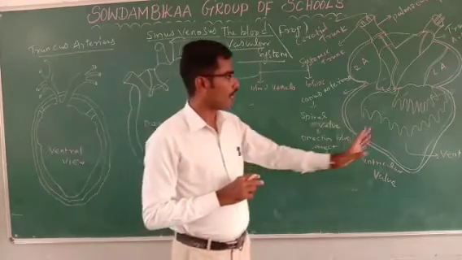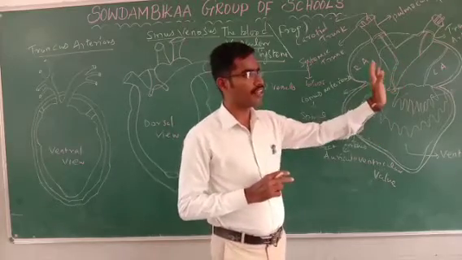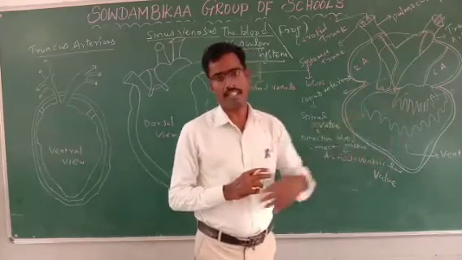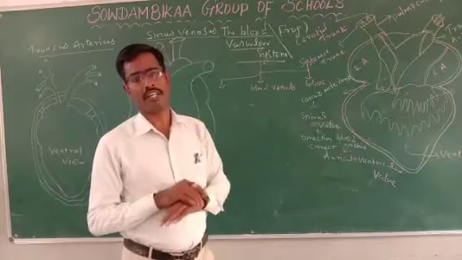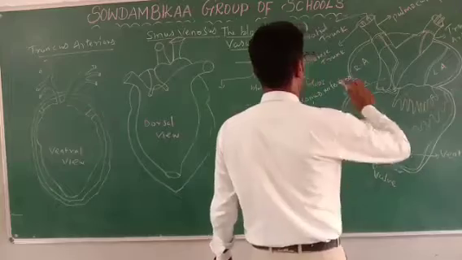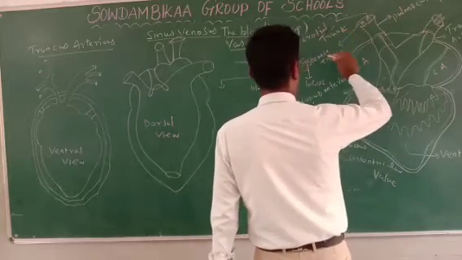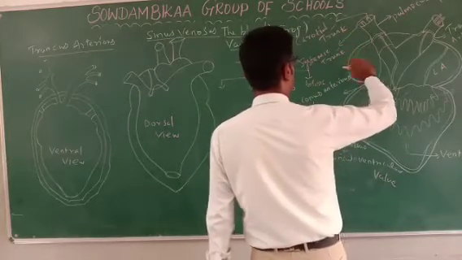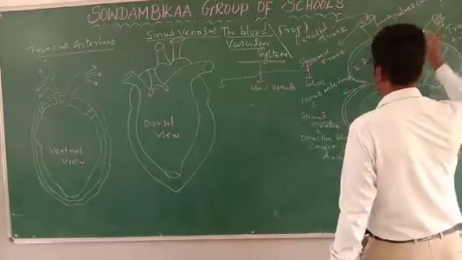Each aortic trunk is further divided into three aortic arches. Namely, the first one is called the carotid trunk, the second one is the systemic trunk, and the third one is called the pulmonary trunk.